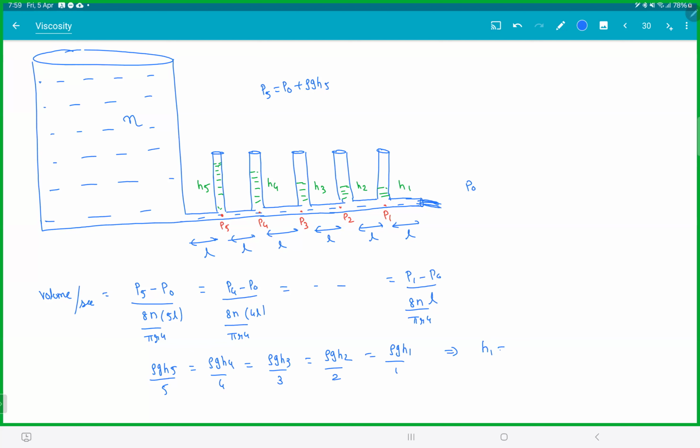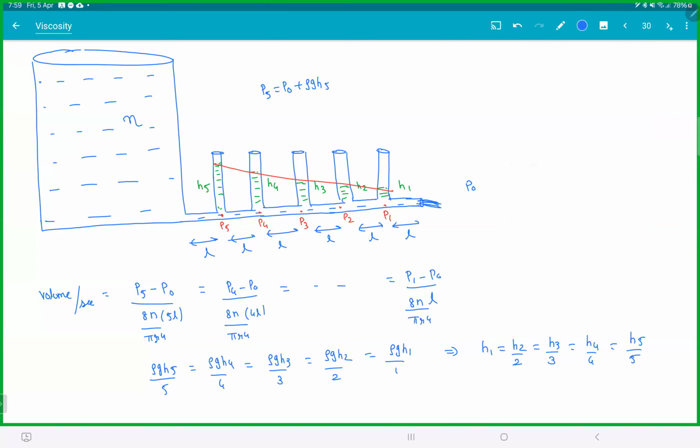So H1 is H2 by 2, which is H3 by 3, which is H4 by 4, which is H5 by 5. Then the ratio is 1 is to 2 is to 3 is to 4 is to 5, isn't it? They're just linear. Easy. So if you actually draw a line now, you'll observe all these will form a straight line. The gradual decrease.